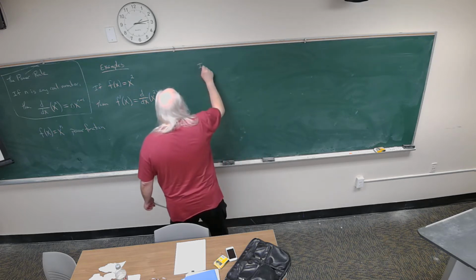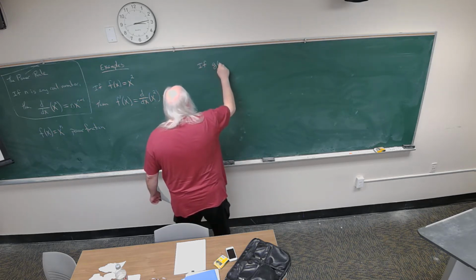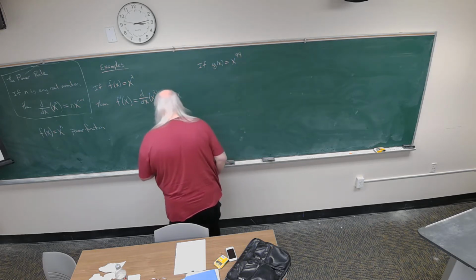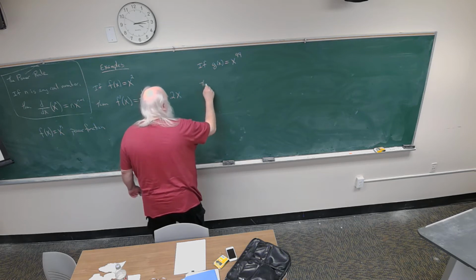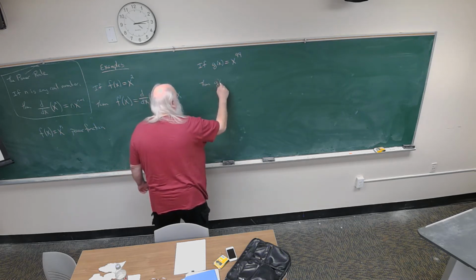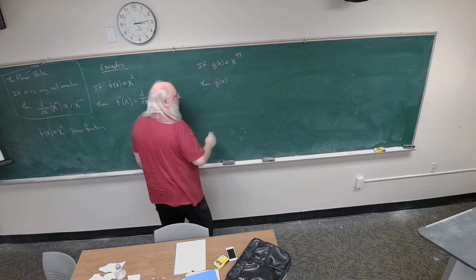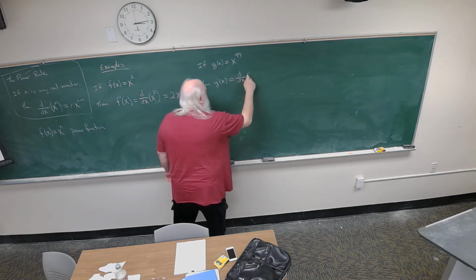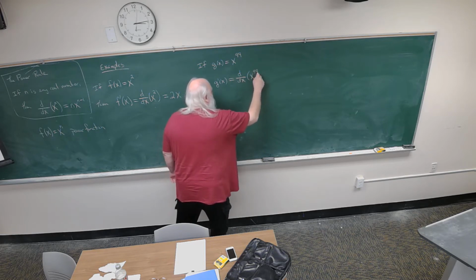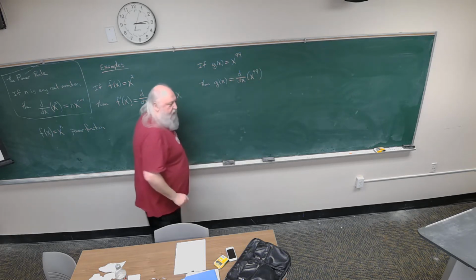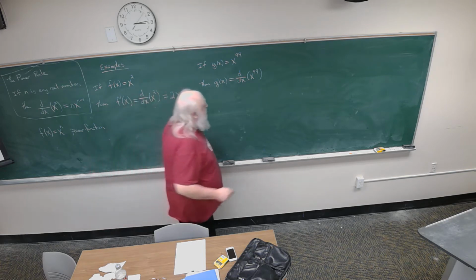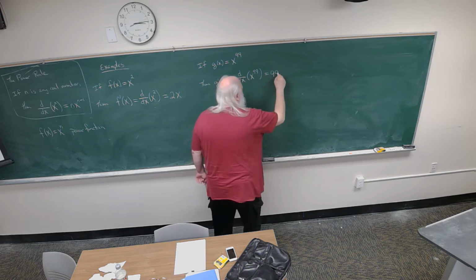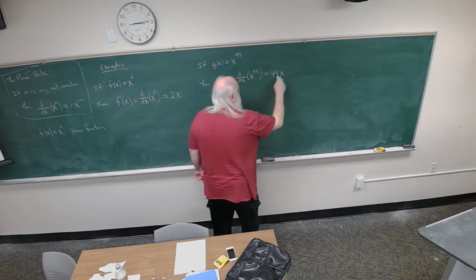If g of x is equal to x to the 99th power, then g prime of x, the derivative of g of x, is equal to the derivative of x to the 99th power with respect to x, which is equal to, you bring the exponent 99 down in front of the x, and then you subtract 1 from the exponent.